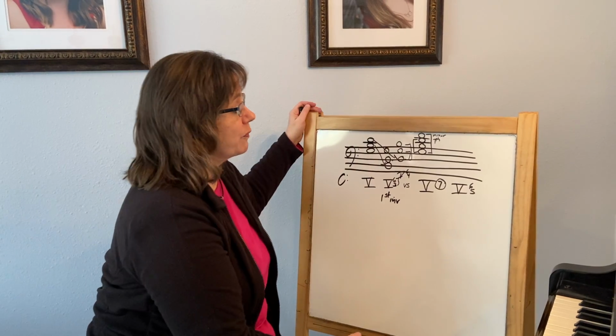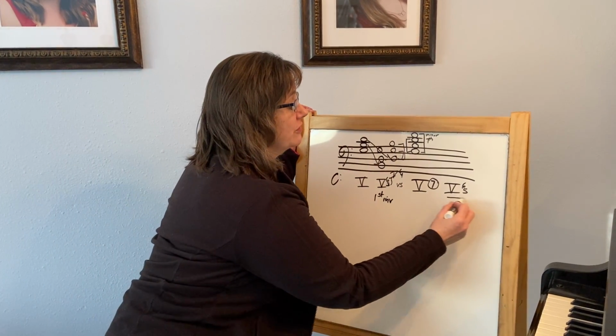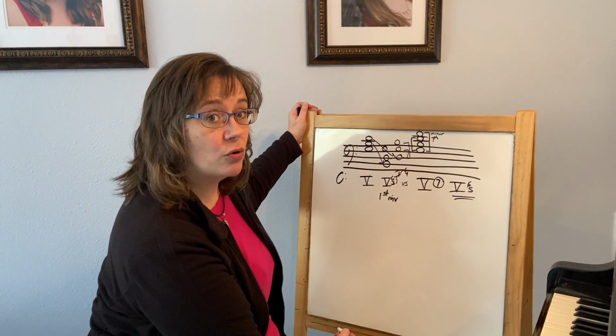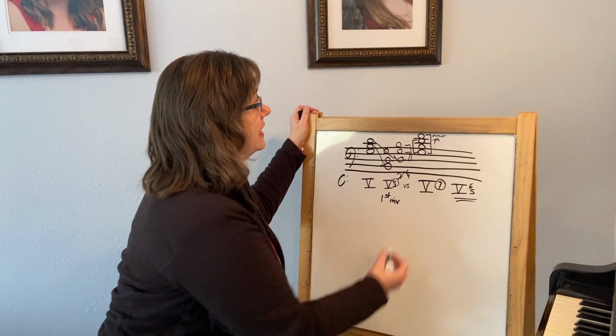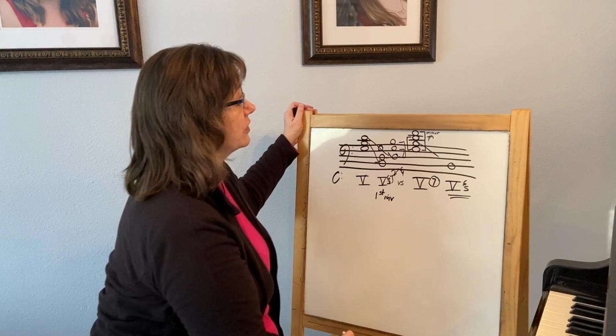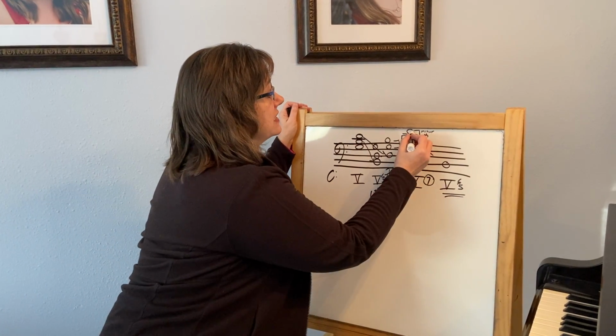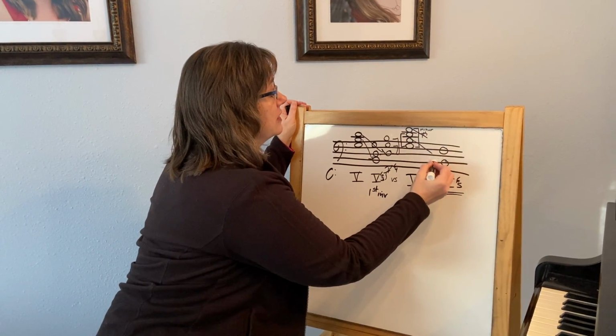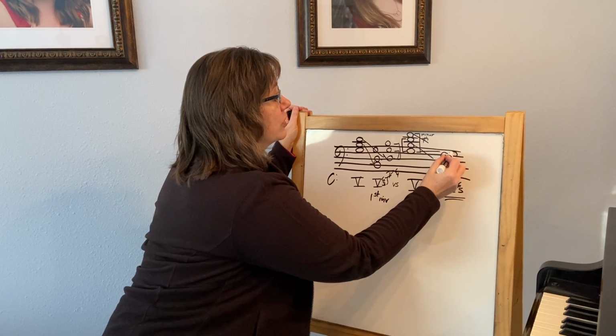The most common inversion that you're going to find with your 5-7 chord is a 5-6-5. That is a first inversion chord. By putting the third on the bottom, we're going to take that added 7th and put it in the middle. We're going to carry that root across.